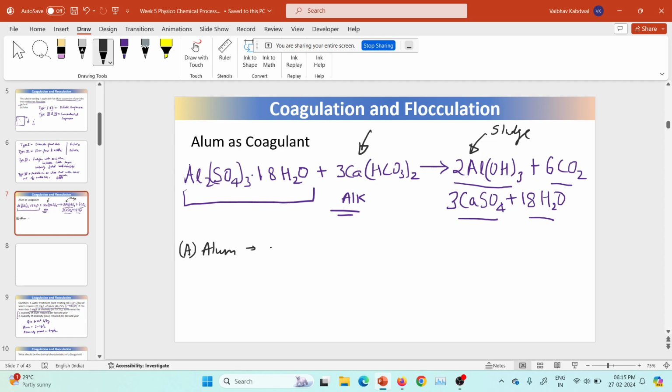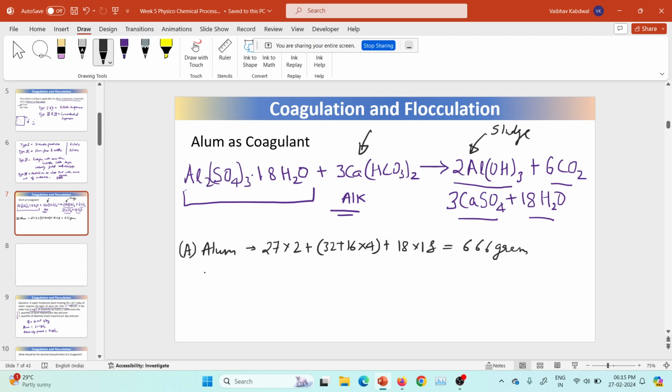So alum is Al2(SO4)3·18H2O. So 27 into 2 plus 32 plus 16 into 4, plus 18 into 18. You solve it, you will get 666 grams.